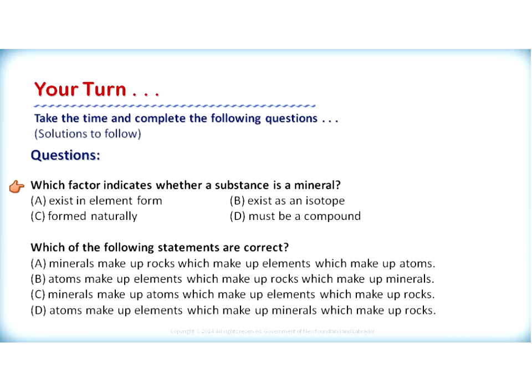According to the definition, a mineral must be naturally occurring, inorganic, a solid, have a definite chemical composition, and have a definite molecular structure. So when we look at our choices, C would be the answer. Form naturally. So all minerals form in nature, therefore they form naturally.